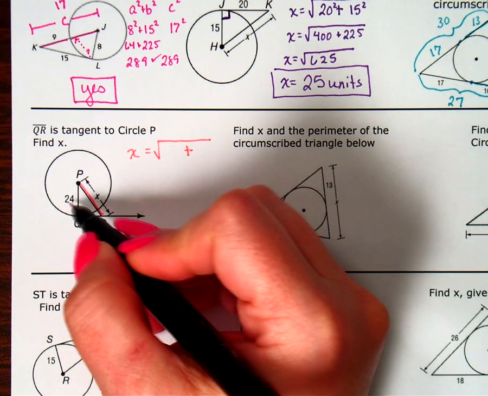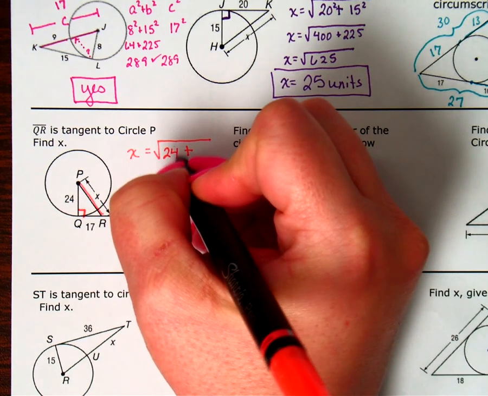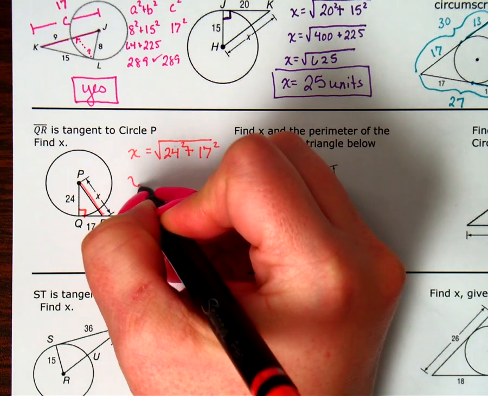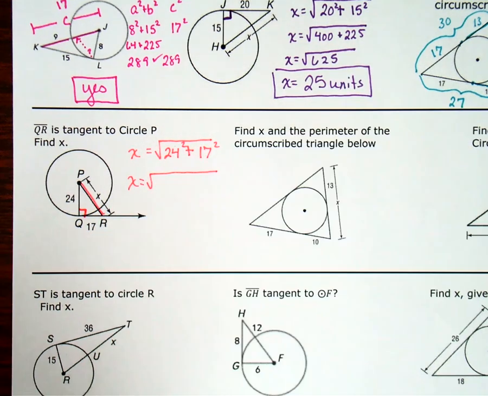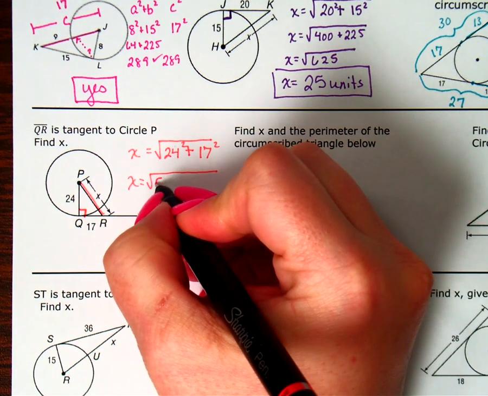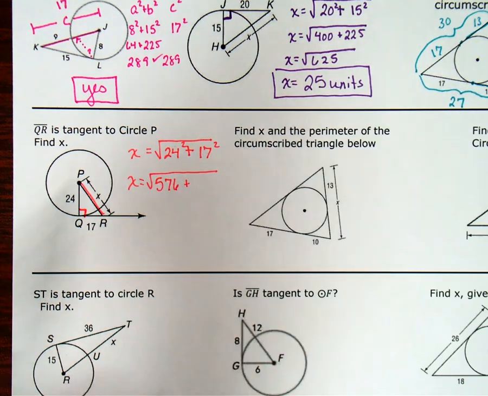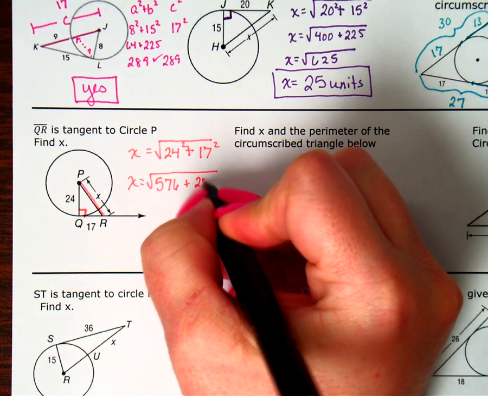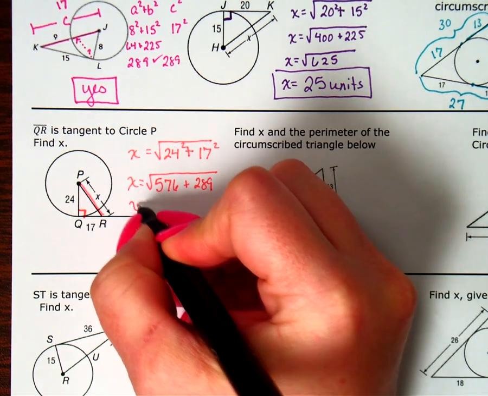All right, so if I'm looking for my hypotenuse, I take my 24 and my 17. I usually put the bigger one in first, squared and squared. So x equals the square root of 24 squared, 576, plus 17 squared, 289.